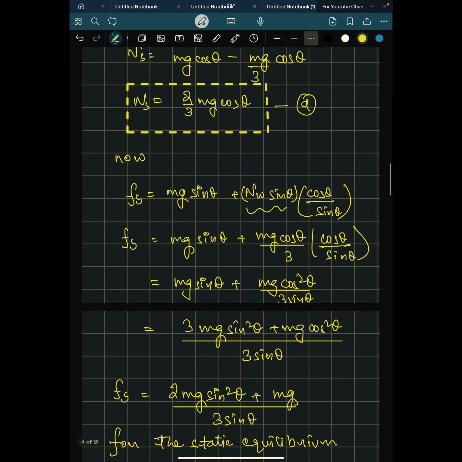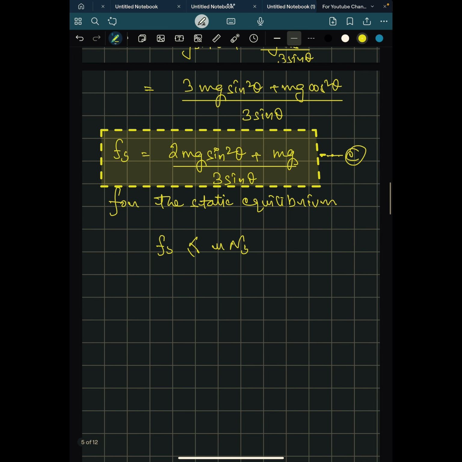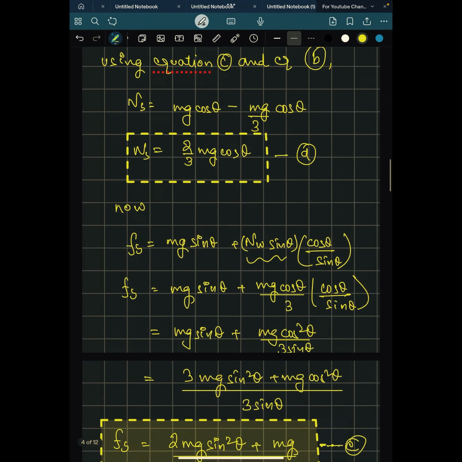Let's call it equation number E. So Fs, that means 2 mg sin square theta plus mg by 3 sin theta will be less than or equal to mu times Ns, and Ns will be 2 by 3 mg cos theta.